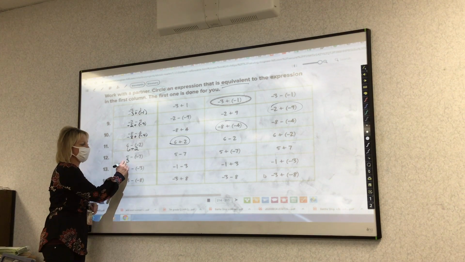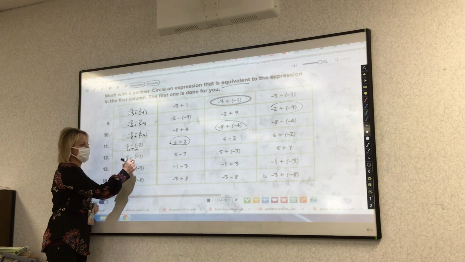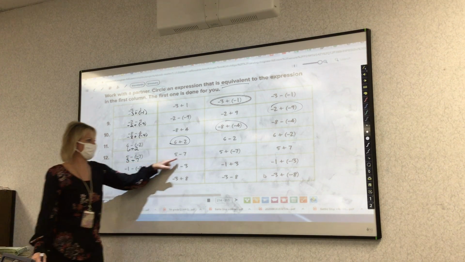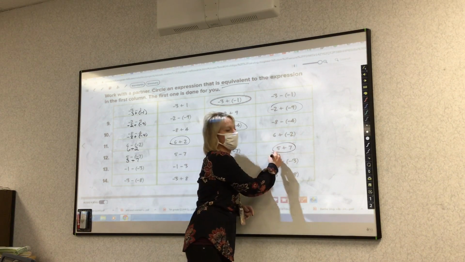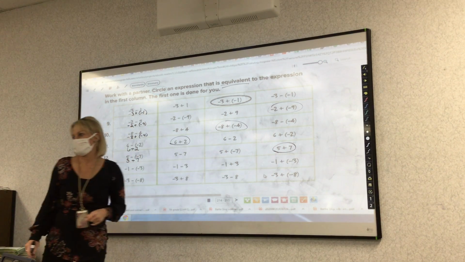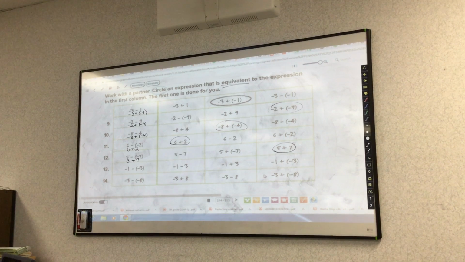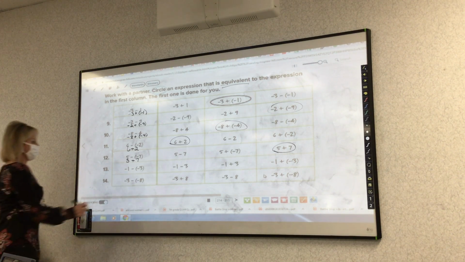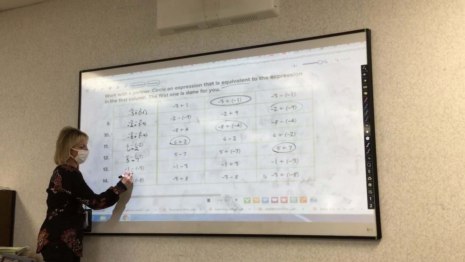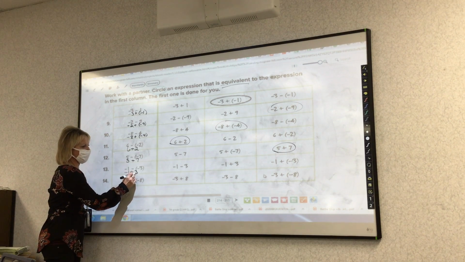Keep the 5, change subtraction to addition, change the negative to a positive. I looked for that problem, it's right here. Make sure if you did not get it correct, that you're finding the correct answer and filling out everything that I have on the board. So I have a -1, that stays a -1. And then I change the subtraction to an addition, change the negative to a positive.